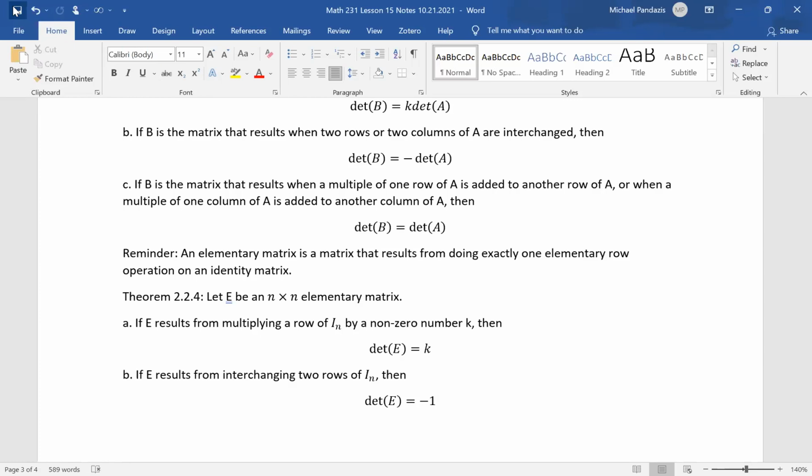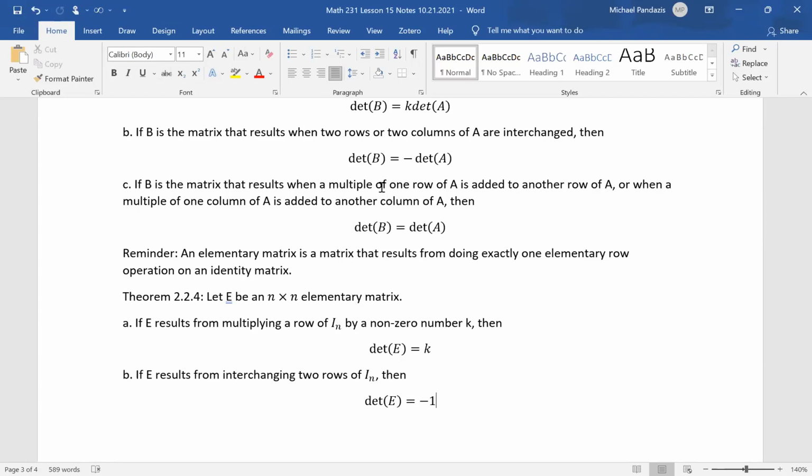Okay, this can be derived from our previous theorem because it said that the relationship between when you switch two rows of a matrix, it could also be two columns, but here specifically it's two rows. It has to be two rows here. When you switch two rows of a matrix, the relationship between the determinant of the new matrix and the old one is that they're negatives of each other. And so the determinant of an identity matrix is 1.